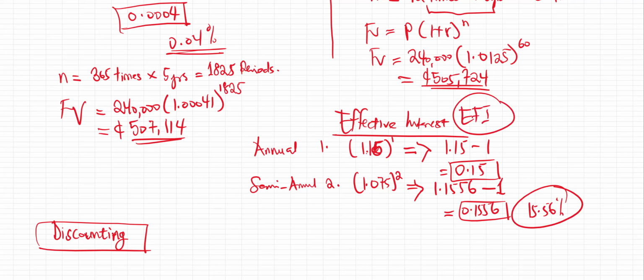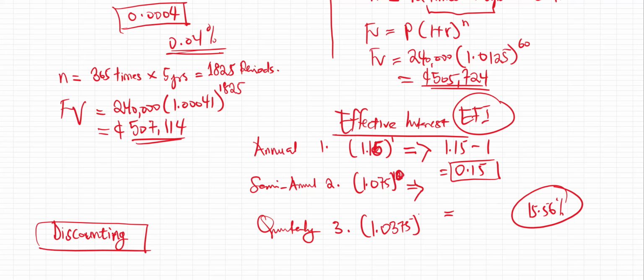Okay, let's see. When we did quarterly, the effective interest rate was 1.0375 raised to the power 10, rather. It was raised to the power 10, right?